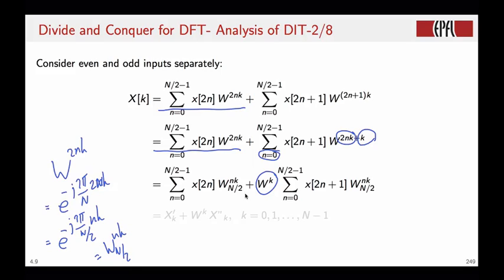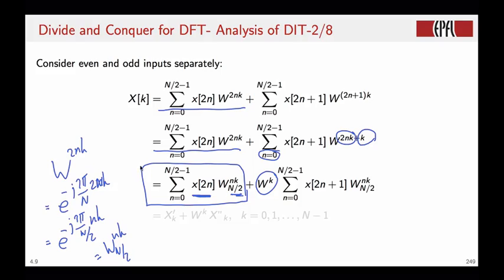So this simplification we have done here will be very important, because this is simply a DFT of size N/2 over the even indexed samples, with respect to the root of unity of order N/2.